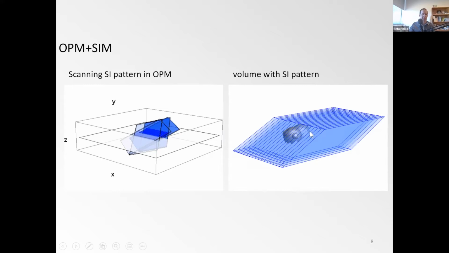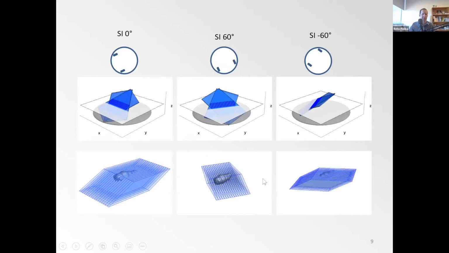So we would be able to acquire one data set under structured illumination. That would still not bias the isotropy. We would essentially extend the resolution in the direction of the pattern vector, but not in the other directions. What the OPM now enables us to do, though, is rotate that illumination pattern.